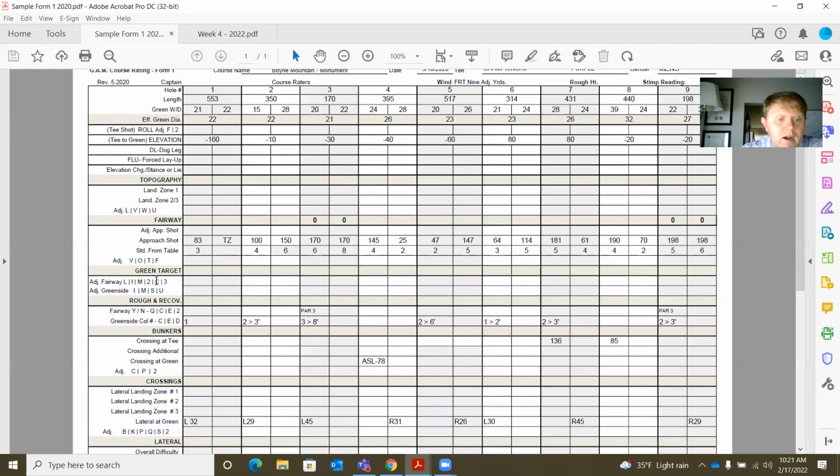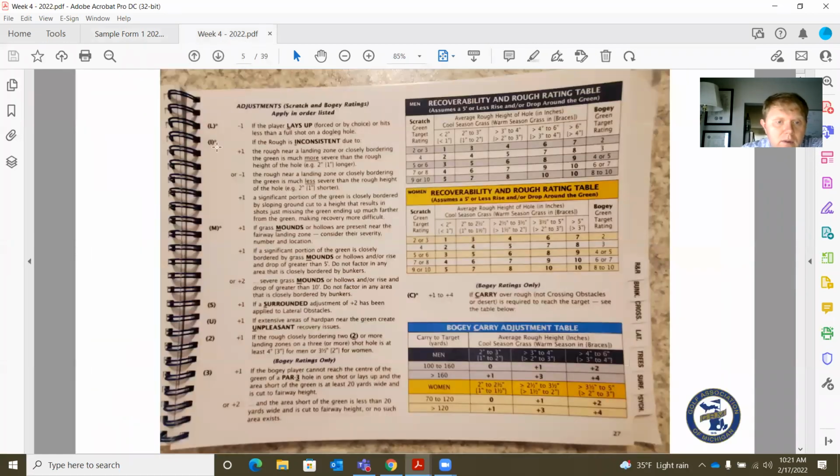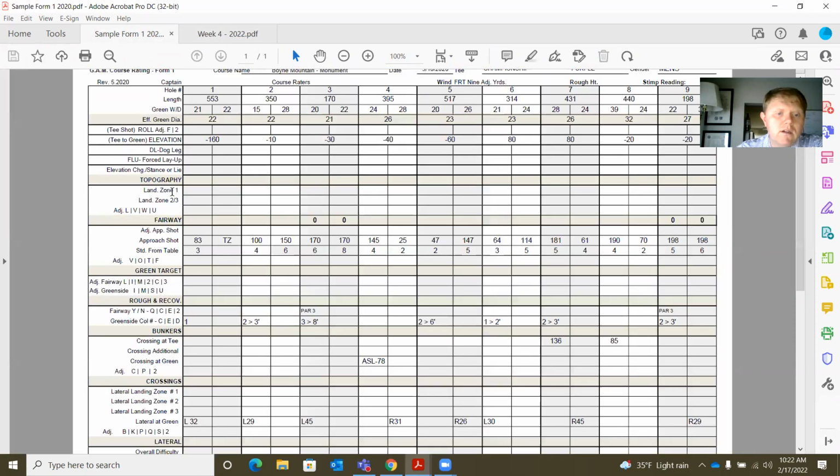And again, this one and many of these, any of the ones with asterisks, are shot specific. So that means that it applies to a specific shot. And in some cases, you could have multiple. So looking at M, for example, and we'll look at our form 1 here, M shows up in both of these.